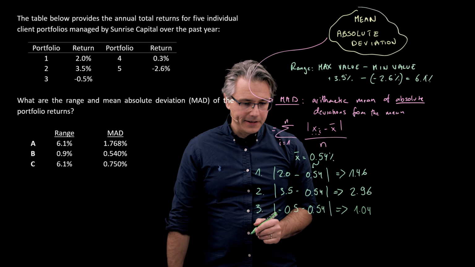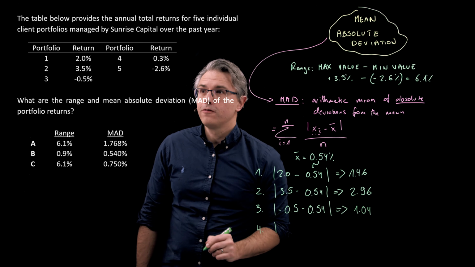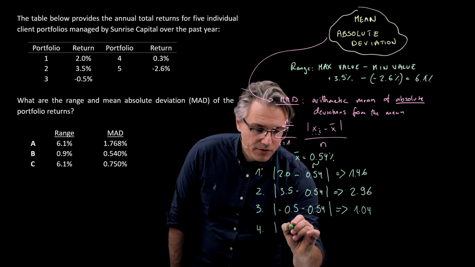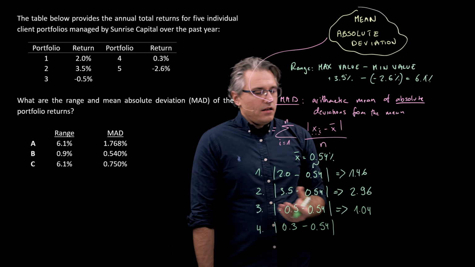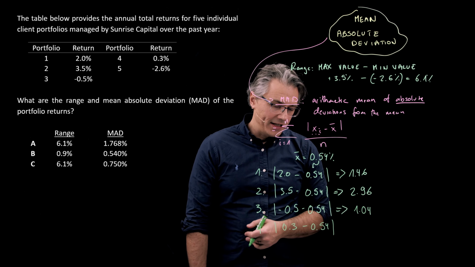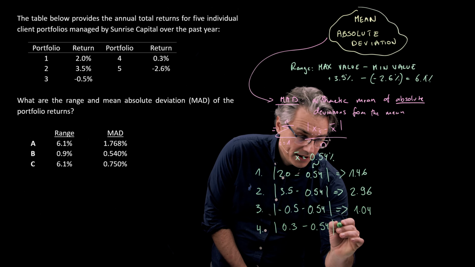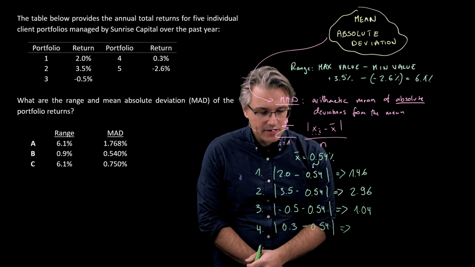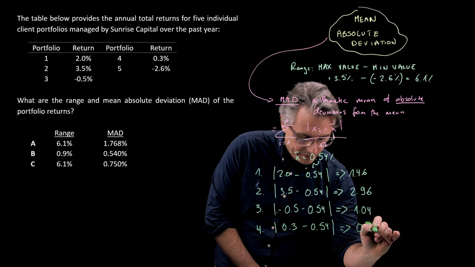And for the next one, we just need two more. So fourth one is 0.3 minus 0.54, and that normally gives a negative 0.24. But once again, we eliminate the negative sign because this is absolute, so it's just 0.24.